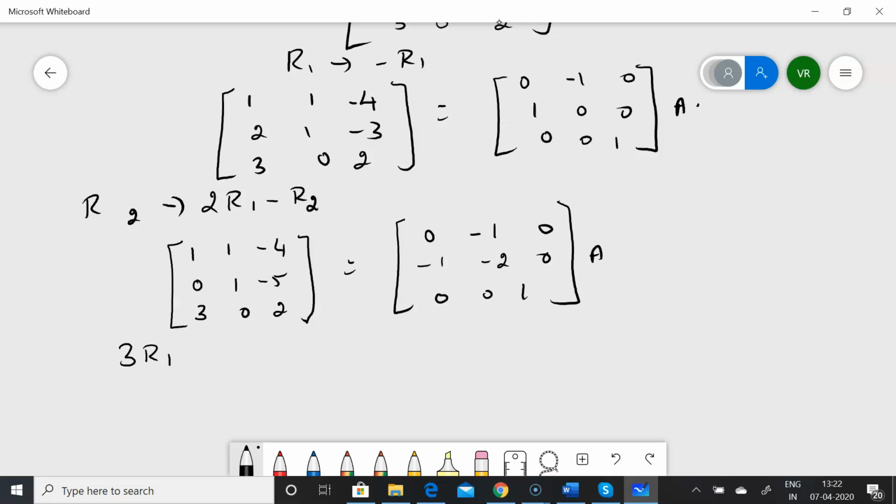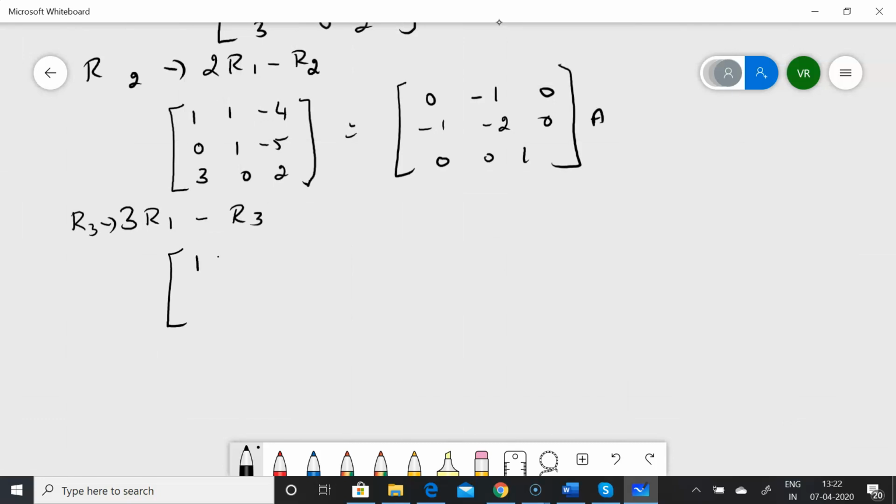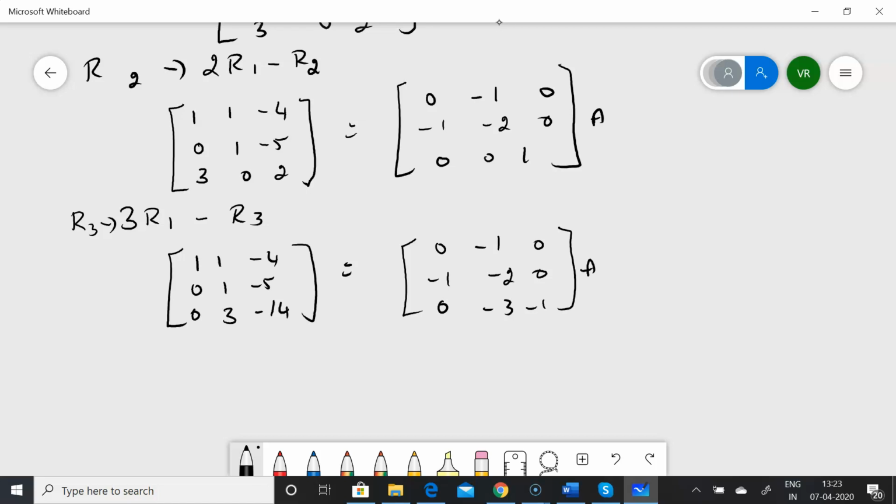Next is R3 is 3R1 minus R3. So that gives you 1, 1, minus 4, 0, 1, minus 5, 0, 3, minus 15 is equal to 0, minus 1, 0, minus 1, minus 2, 0, 0, minus 3, minus 1 into A. Next is R3 is 3R2 minus R3.